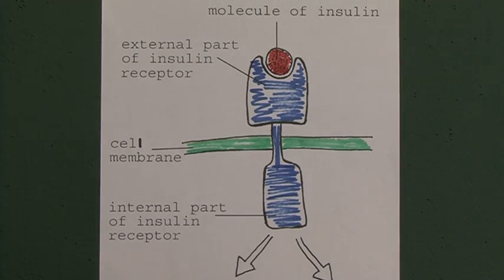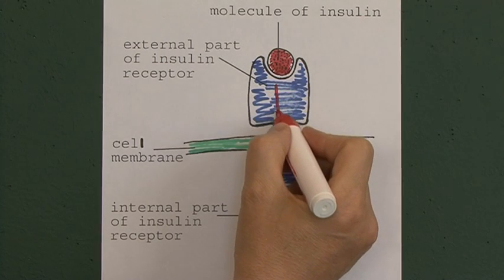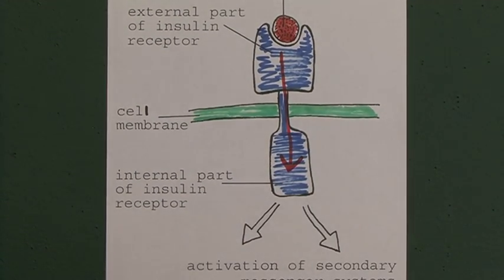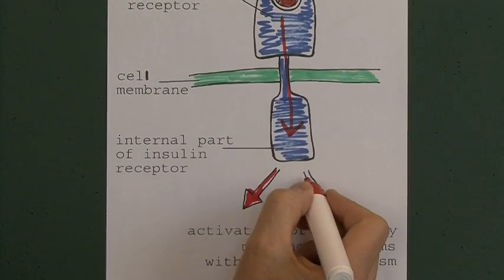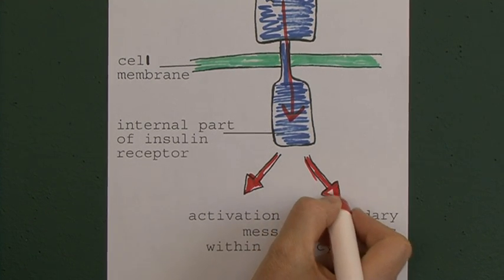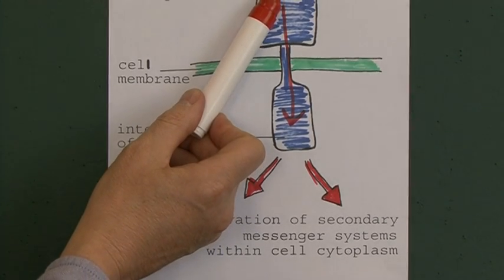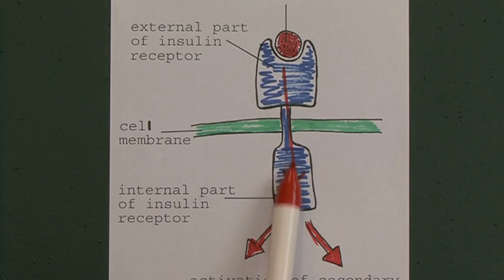So when the insulin molecule arrives, it combines with the insulin receptor molecule, bringing about changes in the insulin receptor molecule, and that's going to trigger off secondary messenger systems inside the cell. And for this to happen, you need the combination. You must have the insulin molecule itself, and you must have the insulin receptor molecule.